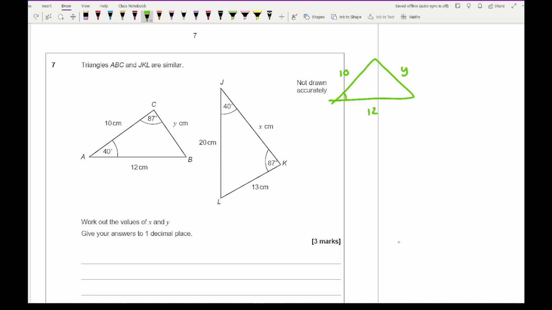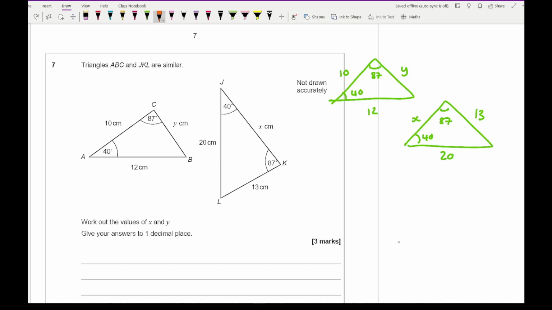So if I label this as 40 and 87, then on the other shape, I've got 40, 87. Now the side with both of those is X, and the side with 87 and L is 13, and this side here is the 20.